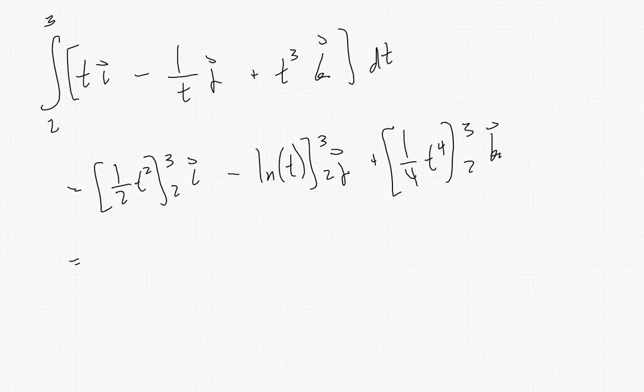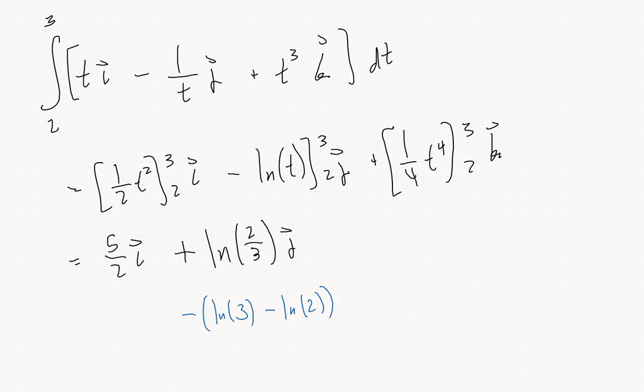And then this will be 9 minus 4 over 2, so 5 over 2 i, minus ln 3 minus ln 2 j, and then using log rules, that's the same thing as minus ln of 3 over 2 j, plus 1 over 4 times, 3 to the 4 is 81, minus 16 is 65, k.